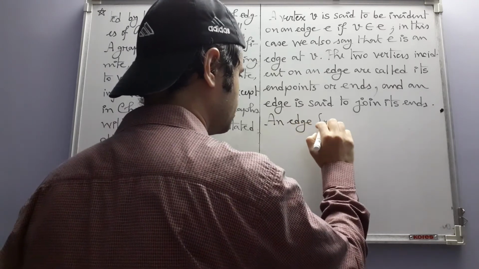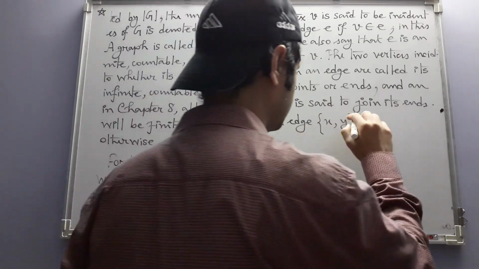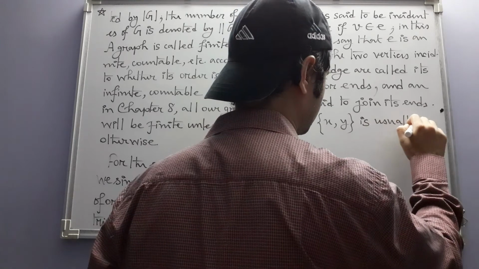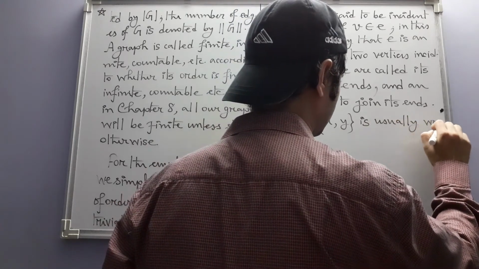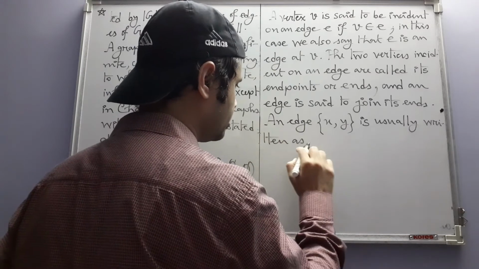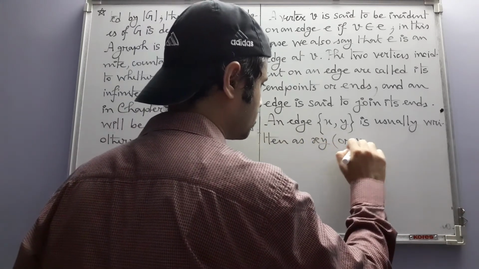An edge whose ends are x and y is usually written as xy or yx.